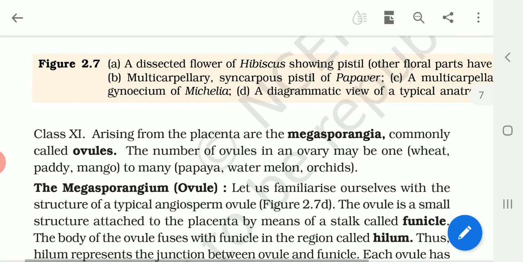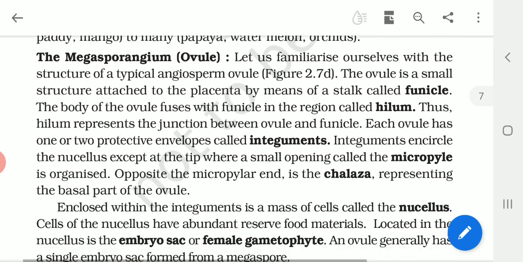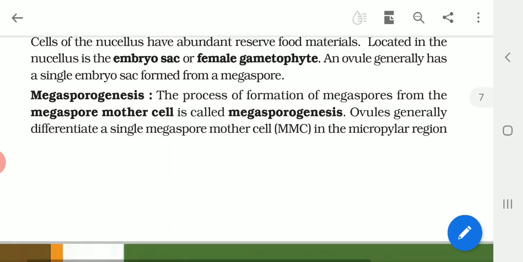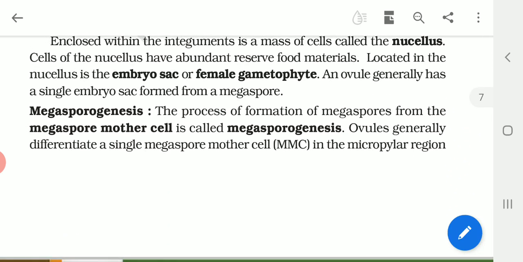Now what is megasporogenesis? Let us see. Megasporogenesis refers to the process of formation of megaspores from the megaspore mother cell. Remember yesterday we talked about microsporogenesis, the process of formation of microspores, and here it is the process of formation of megaspores from the megaspore mother cell.